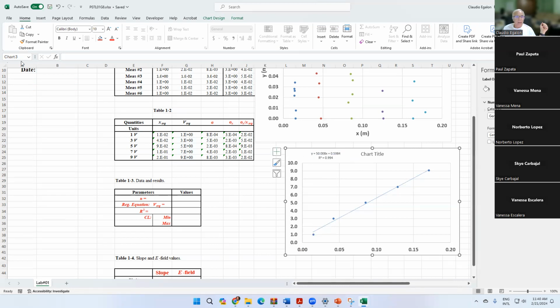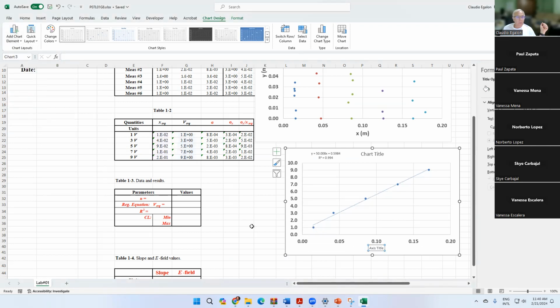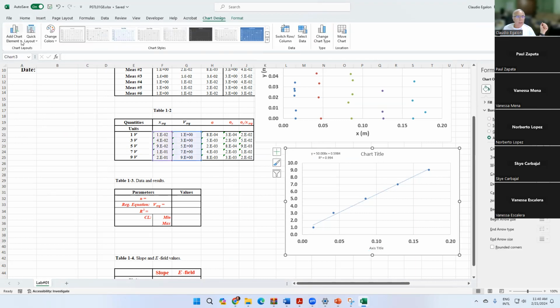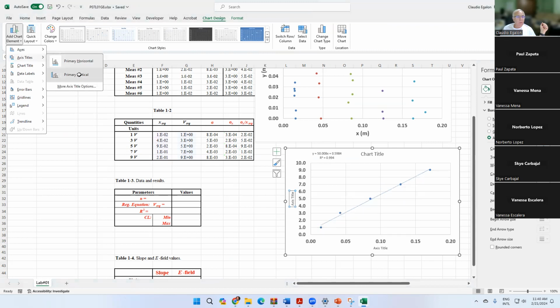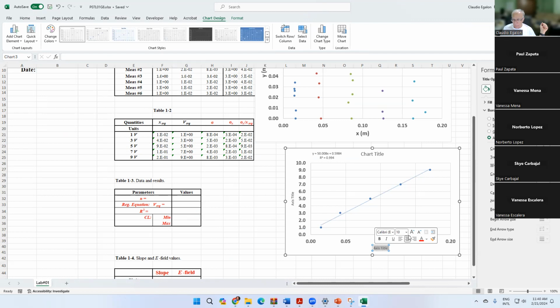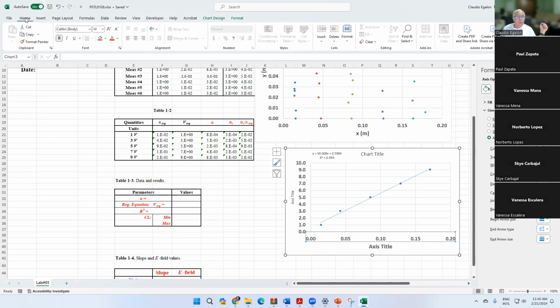You add the chart element, axis title, primary horizontal, and primary vertical. Primary horizontal, you want to do that, what, 16? And boldface. This one is 14. Yeah, that's 14, this one can be 16.